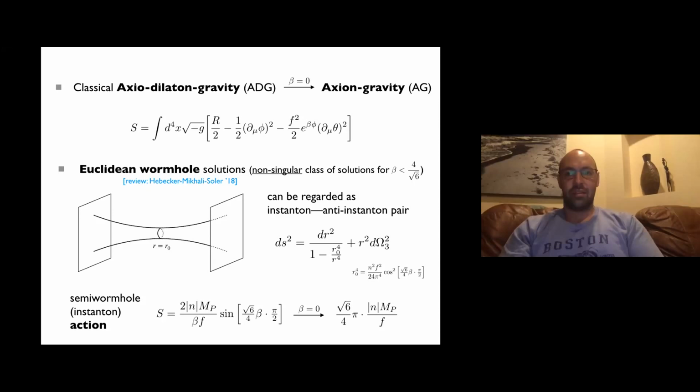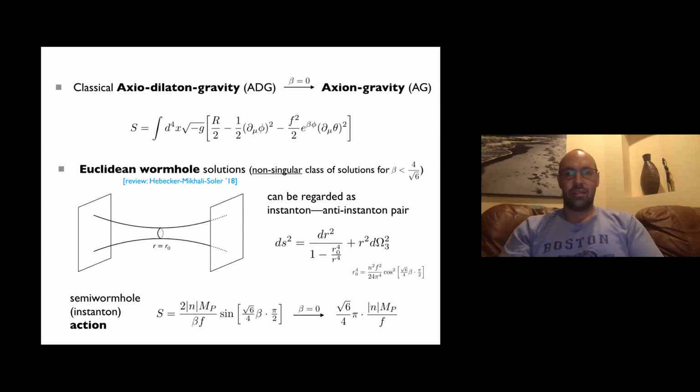And when beta is equal to 0, beta here parameterizes the axion to dilaton coupling, we end up with an axion gravity system where basically the dilaton formally has been integrated out. So you can think about this dilaton to be supermassive, and you integrate it out, and you end up with an axion gravity system.